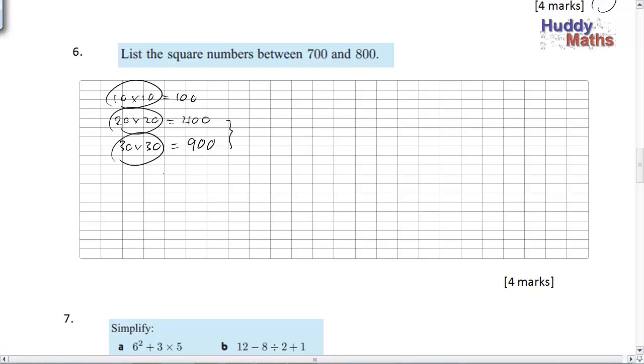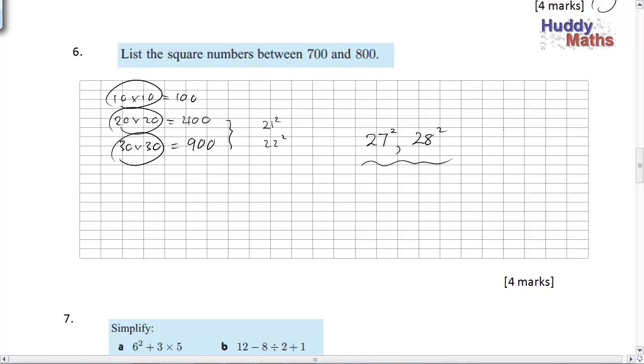So if you keep going now, 21 squared, 22 squared, and you can see it's got to be up near the 30 squared. So the answer is 27 squared and 28 squared. 29 squared is too big, okay, and the others are too small. So you've got to use a calculator for that.